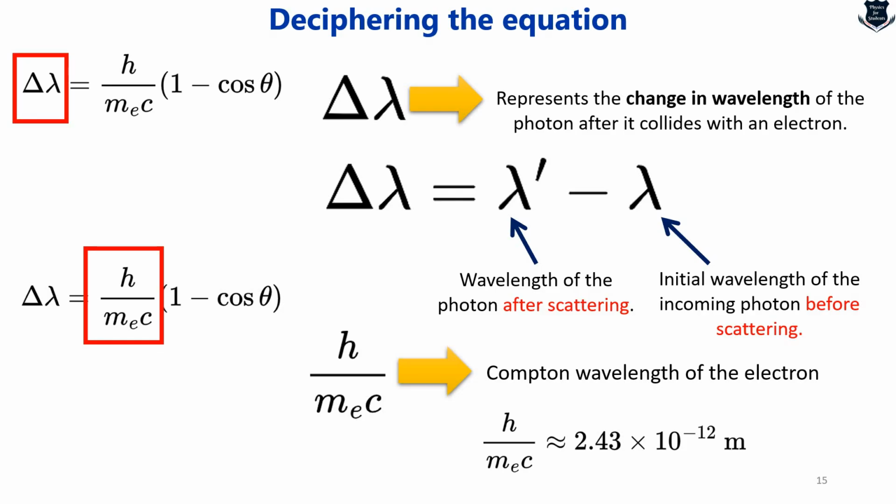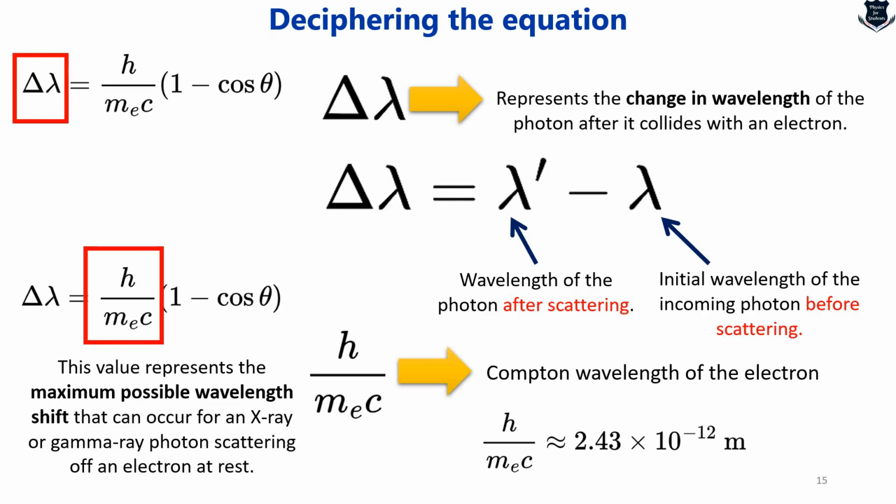This value represents the maximum possible wavelength shift that can occur for an X-ray or gamma ray photon scattering off an electron at rest. It depends on fundamental constants, and it is a measure of the quantum mechanical size of the electron in the context of scattering events.